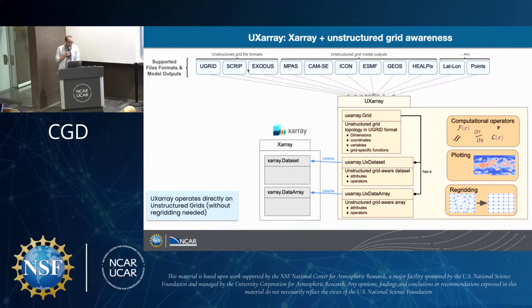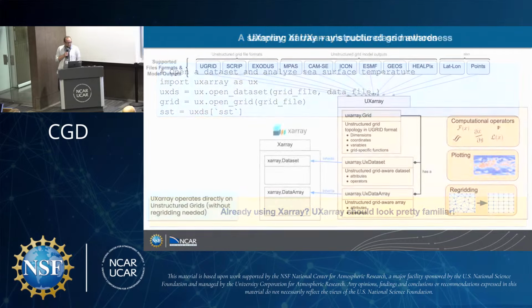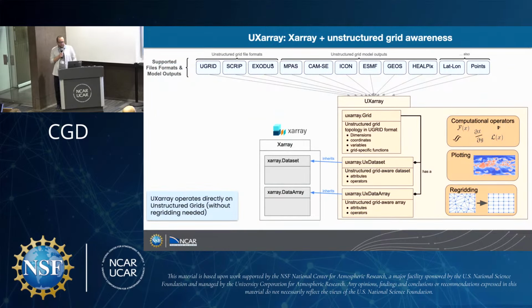UGRID, SCRIP, and Exodus as the file formats, and not only MPAS and CAM spectral elements, which is what we have been heavily supporting from day one. We have also been supporting and expanding our support for several other global and outside NCAR models as well, including these.